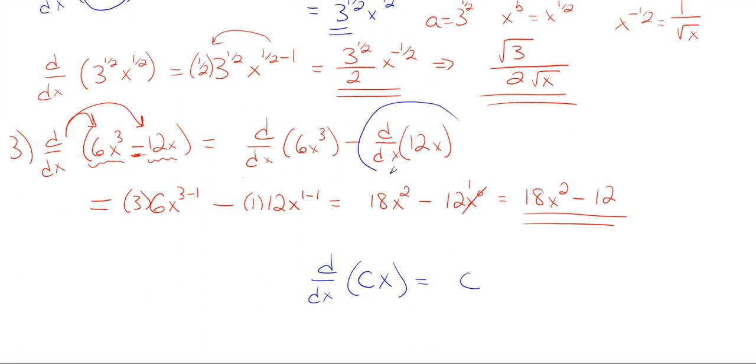So as you saw here, we had d dx of 12x. So the derivative of that, you just drop the x because we're always lowering the power of x by 1. Well, essentially it's x to the 1. It'll go x to the 0, which is 1. So it just remains that constant there. So instead of writing it out like this each time, whenever you see that expression, just drop the x and it will be that constant each time.